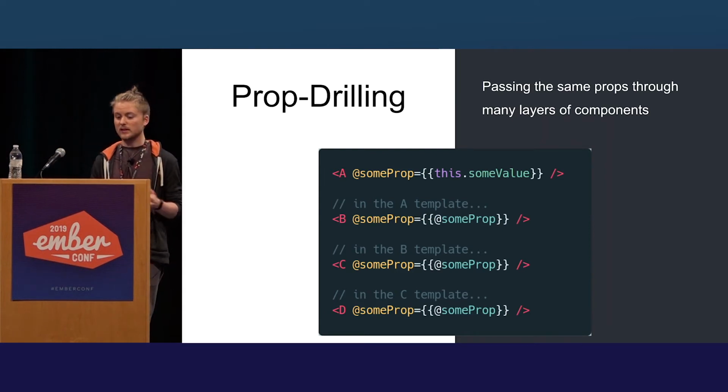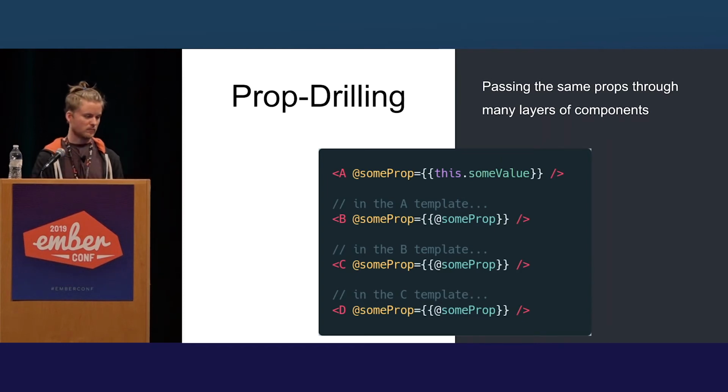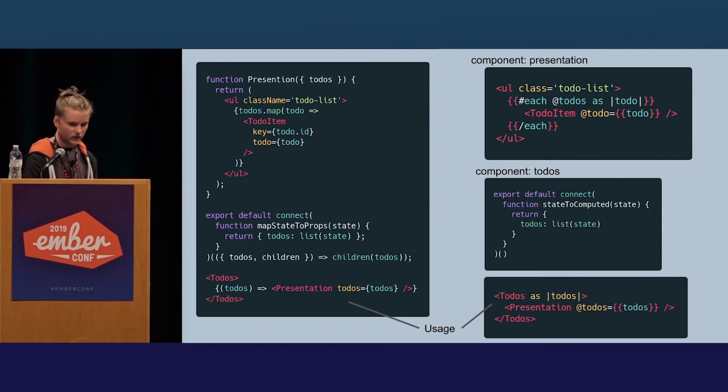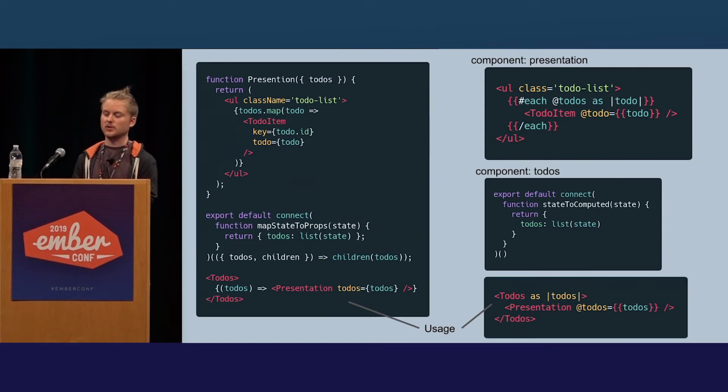This can be present in any single page app and is a maintenance nightmare. But going back to Redux as applied with our component patterns, at the top here, we have a presentation, in the middle, a container component, and at the bottom, the composition of both the presentation and the container together.